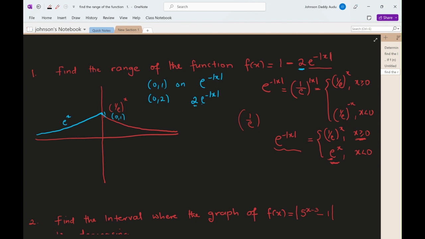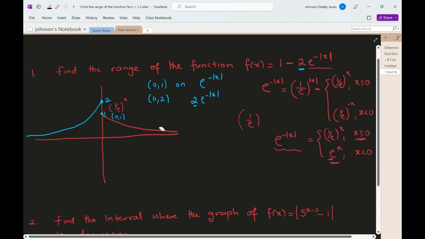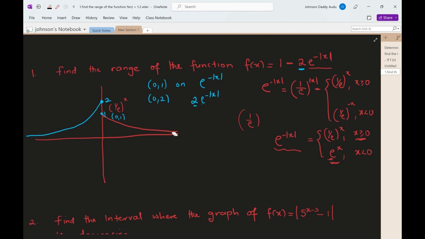So we have to shift this point up a little, so we're going to take it to 2. It's no longer here, so we have to remove this. Then here we are at 2, so we're going to have something like this. And this also we have to move up a little.